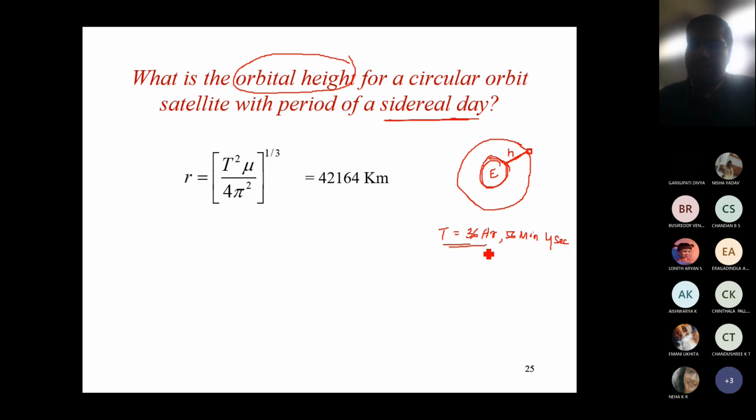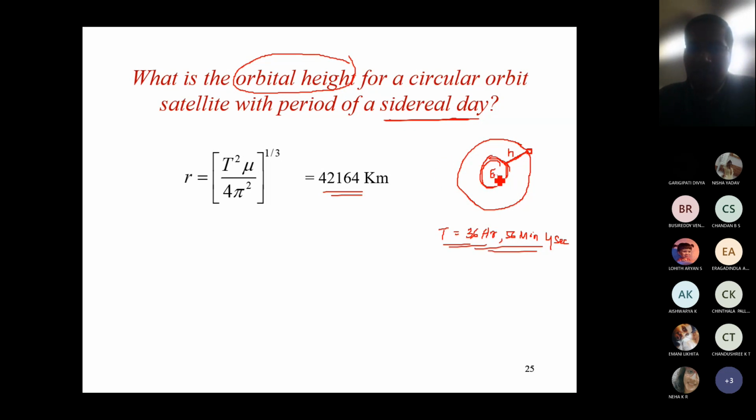This much time the satellite takes to complete 360-degree rotation. So by using the third law of Kepler, we can find the value of R, because T is this value. Mu is a constant which we have discussed previously, 4 pi squared constant. So you will get this value. So this is the R. So we got the value of R.